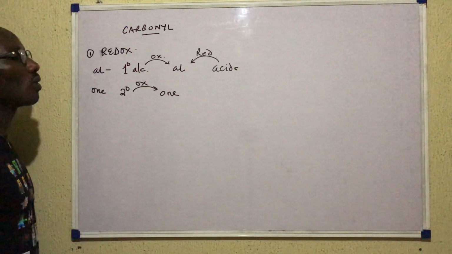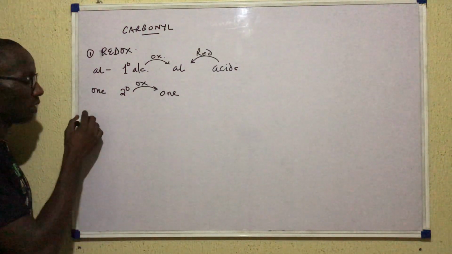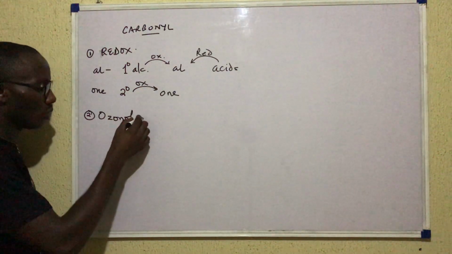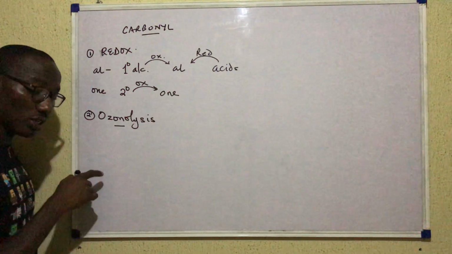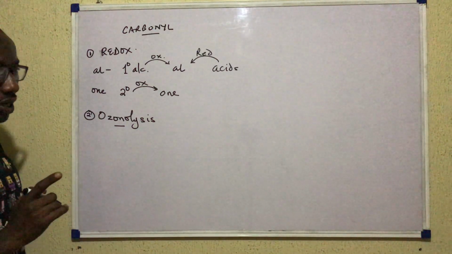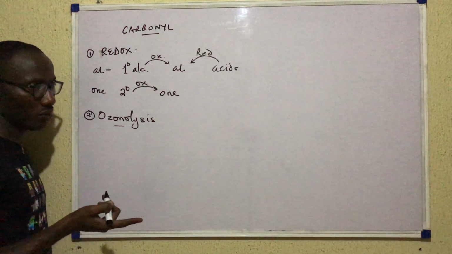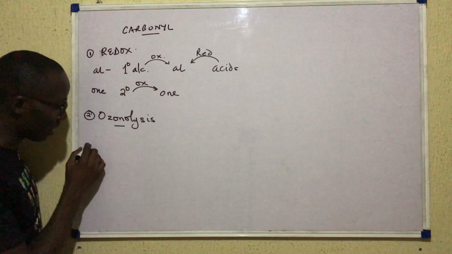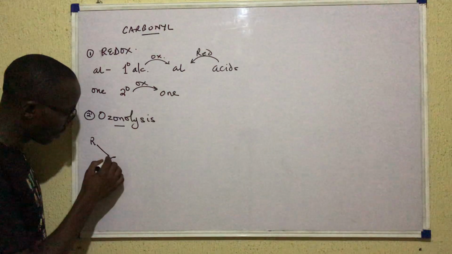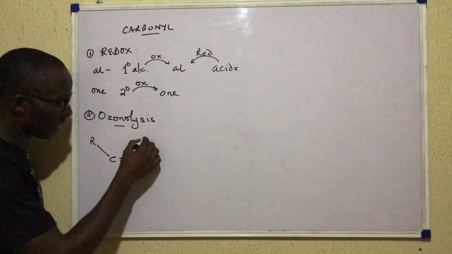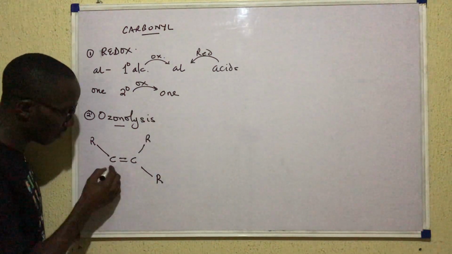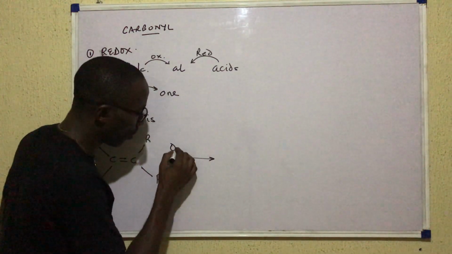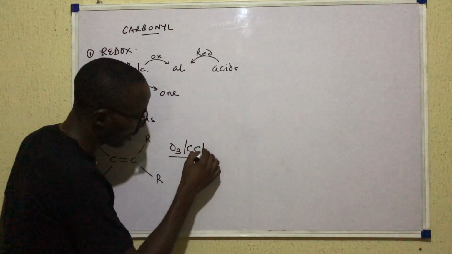So that we look at a second way of obtaining carbonyl compounds, and it is ozonolysis. We discussed this also in the alkene videos. But just in case you can't go to the alkene video, I'd like to tell you that if you have an alkene, let's say R, C, double bond C, then R, and then R, then down here R, and this alkene is treated with ozone, with CCl4.